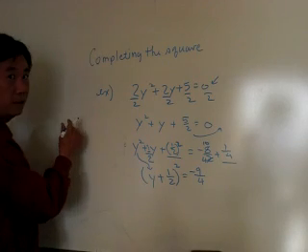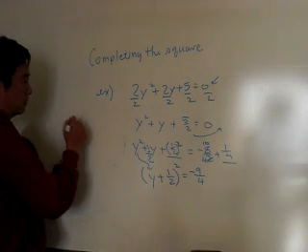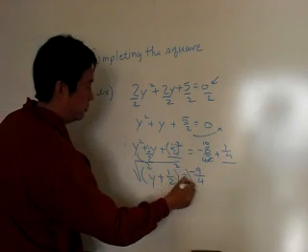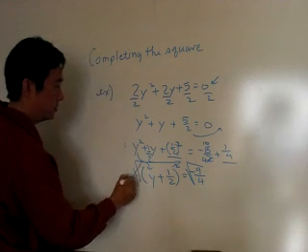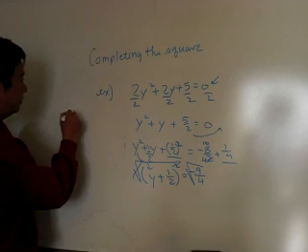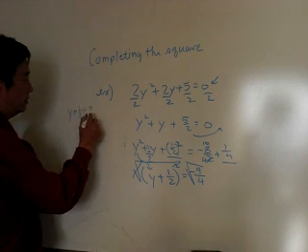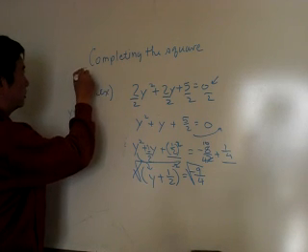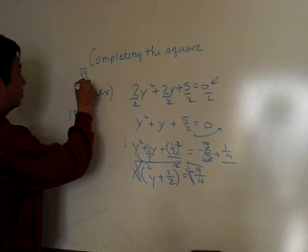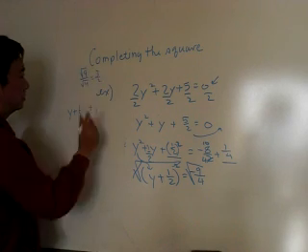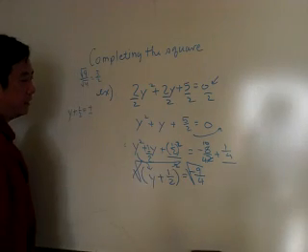You end up with, and you take the square root of both sides. The square and the square root cancel. You end up with y plus 1/2 is equal to plus or minus the square root of 9 fourths, which is the square root of 9 over the square root of 4, which is equal to 3 over 2. But you have a negative inside.